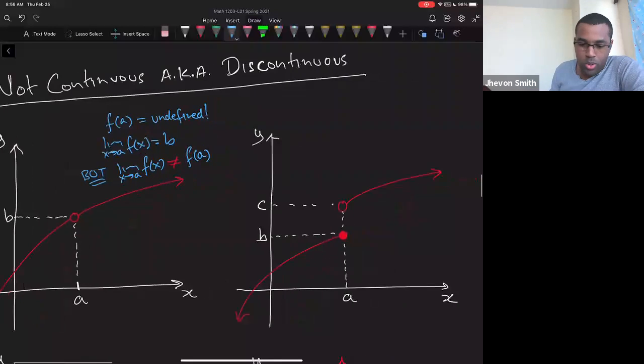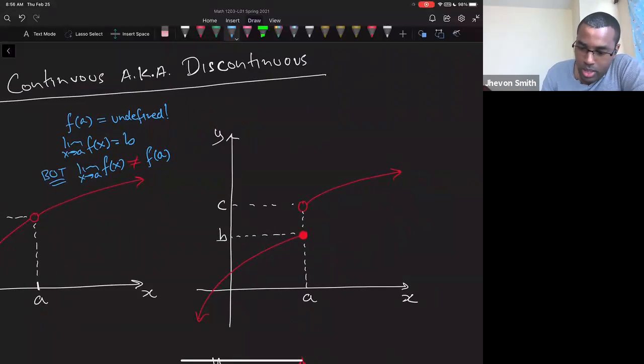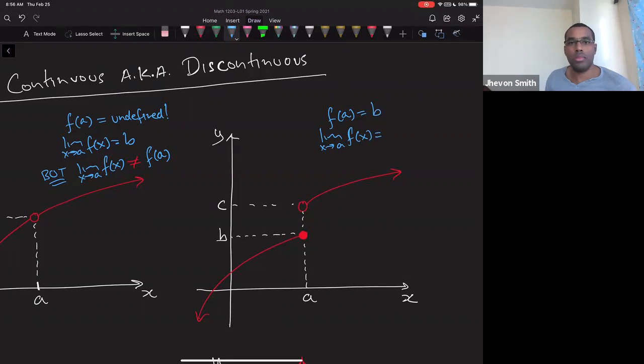Okay, what about over here? You're going to notice that in this case, F of A is defined. In fact, it's B. What is the limit in this case? Not rhetorical.